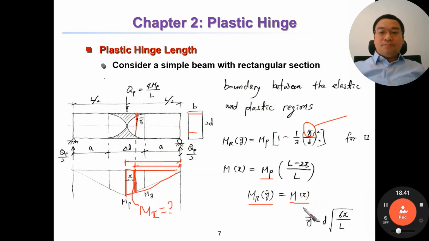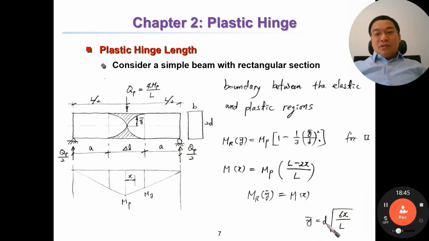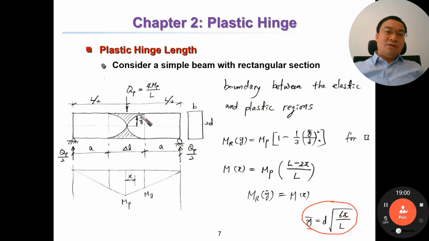Here, y apply equal to d square root of 6x over L, or y apply equal to a function of x. Then this is the equation of this curve. Okay, this curve, and also this curve, it is symmetric.